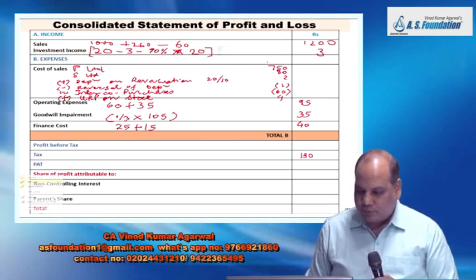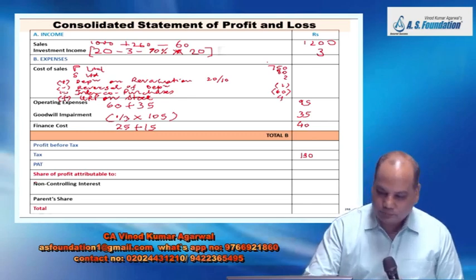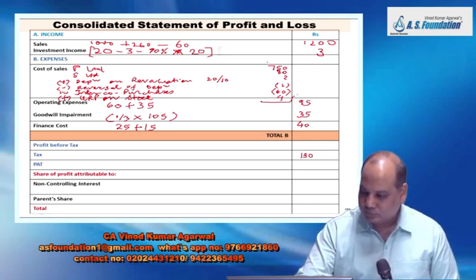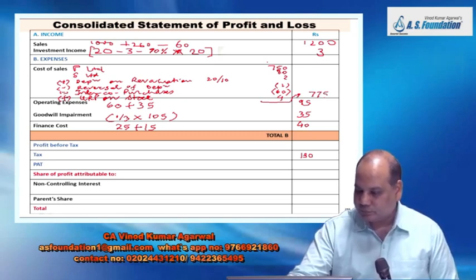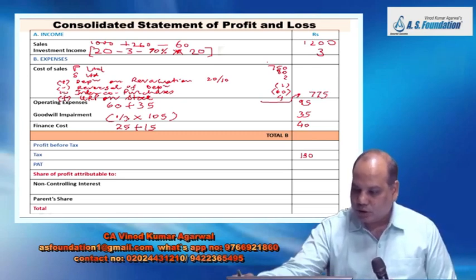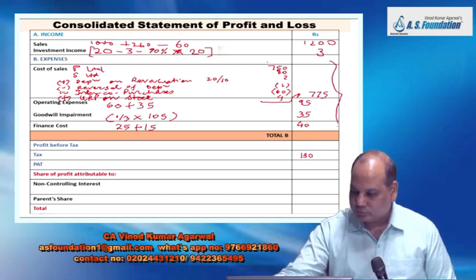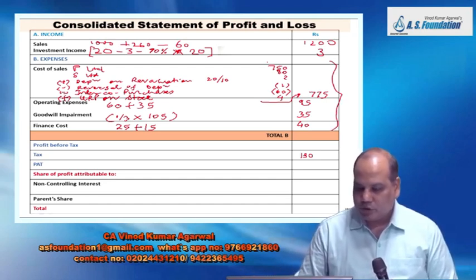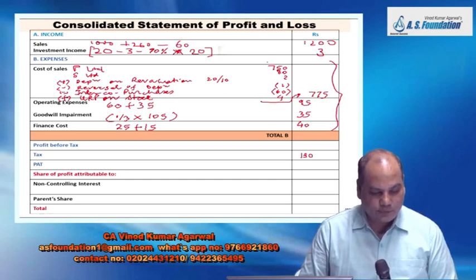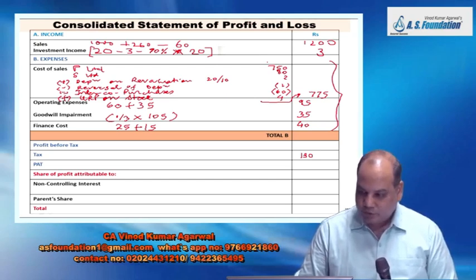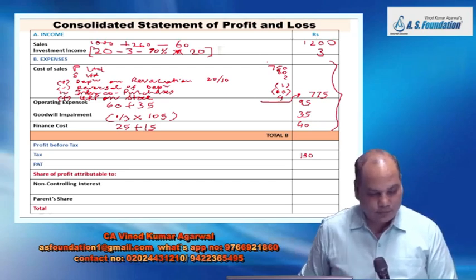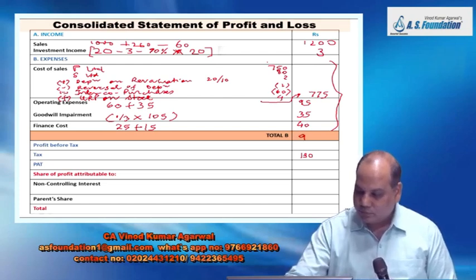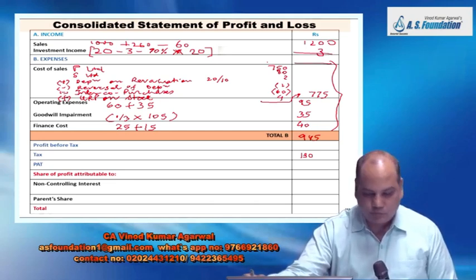What is the total of cost of sale in the outer column? 775. Total of all expenses. 775 plus 95 plus 35 plus 40. 945. Total of income 1203.